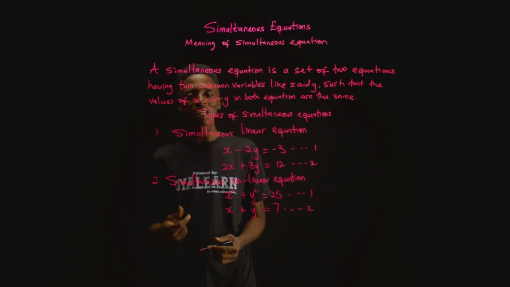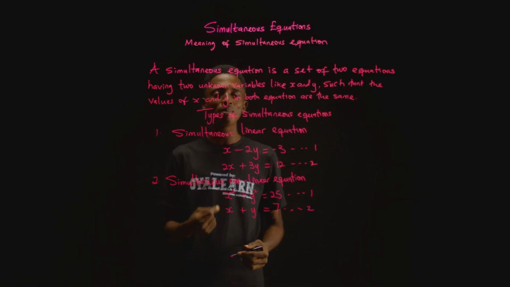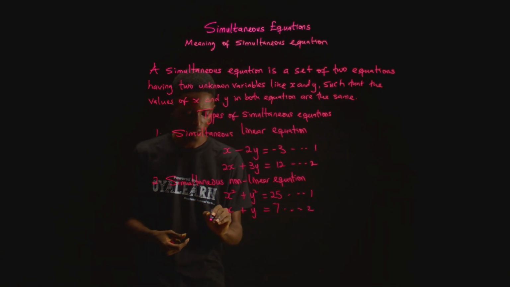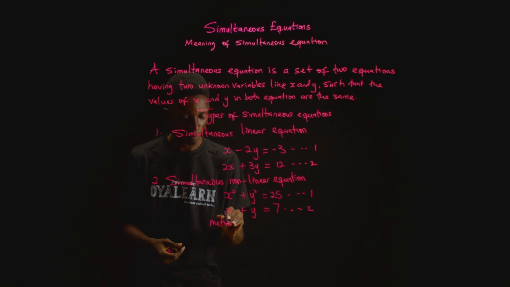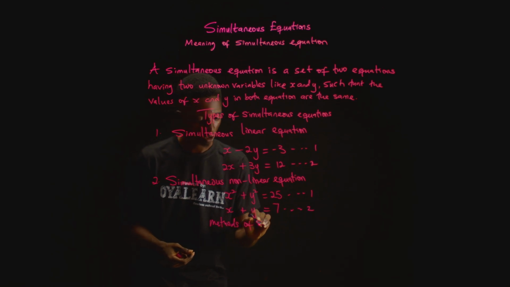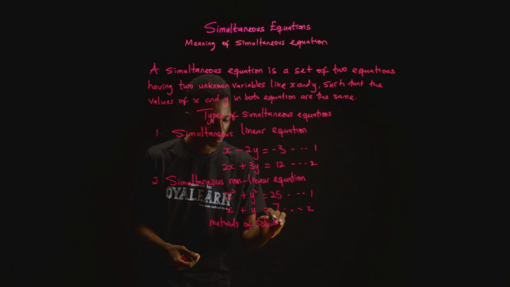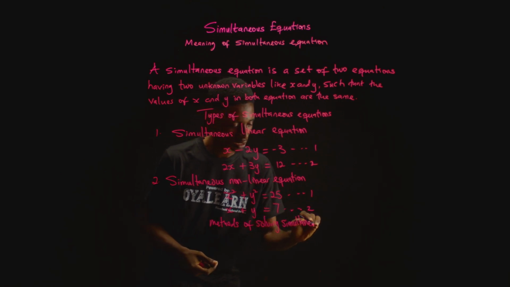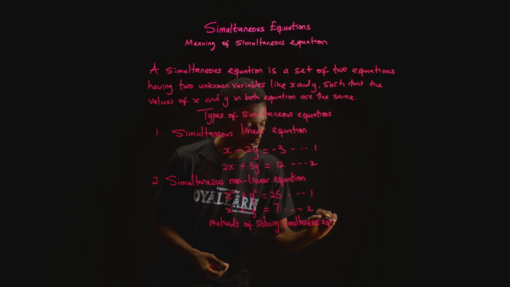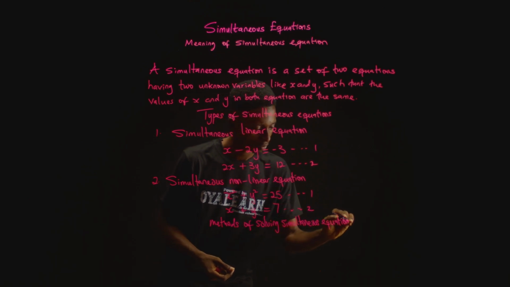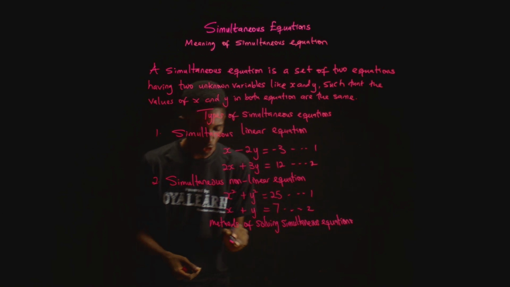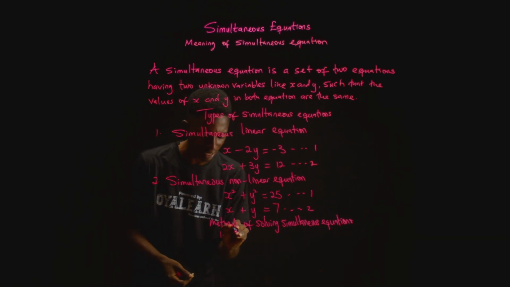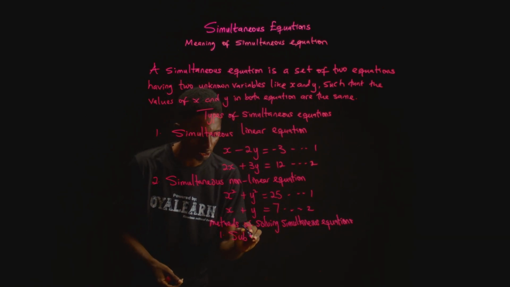And in order to solve simultaneous equation, there are three major methods. So methods of solving simultaneous equation. We have the first method known as the substitution method.